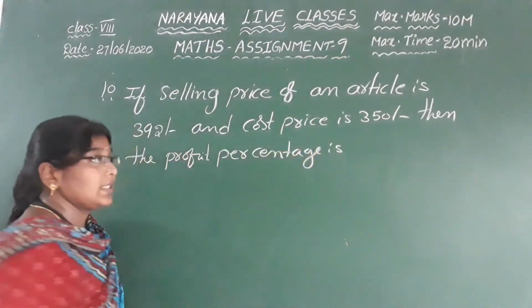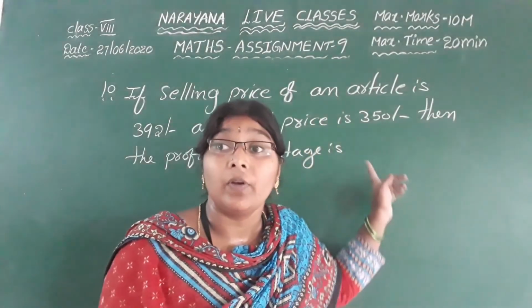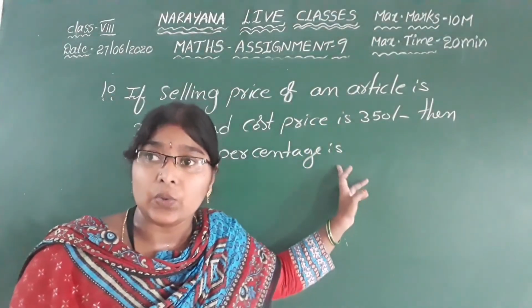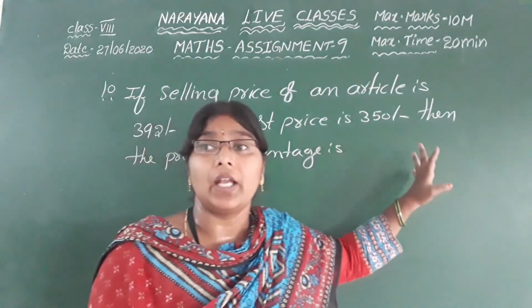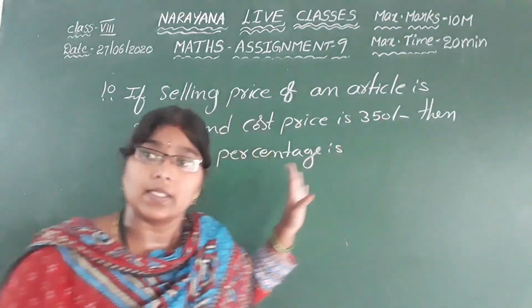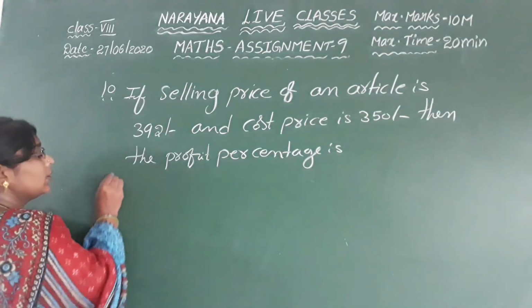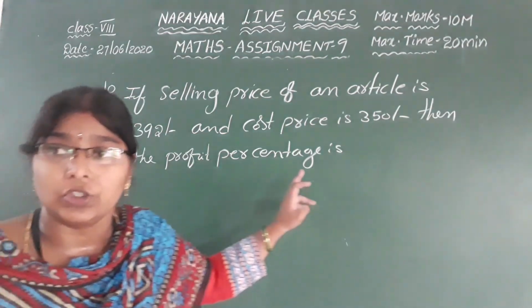Here the profit is not asked, the profit percentage is asked. That means we first find the profit, after that we calculate the profit percentage. So first, what is given in the question.